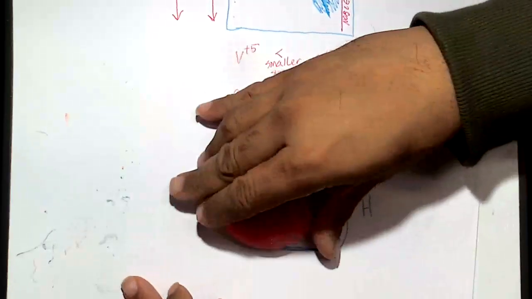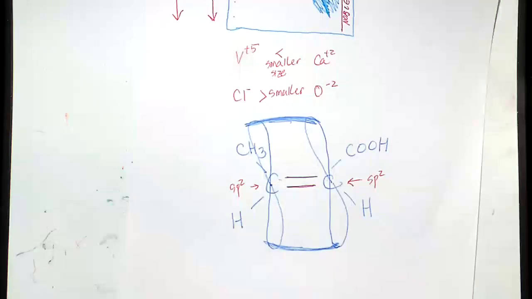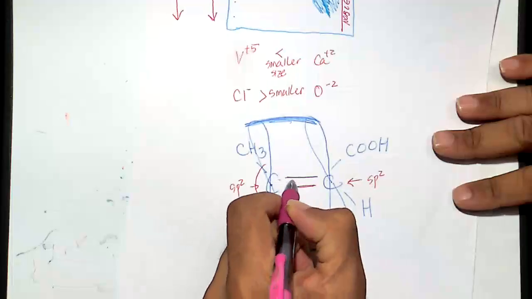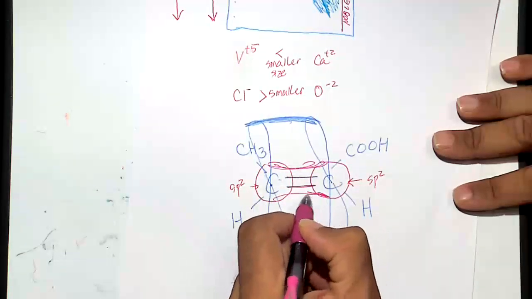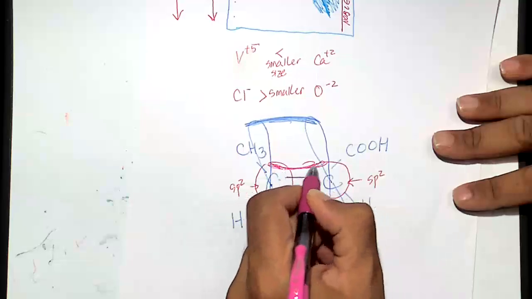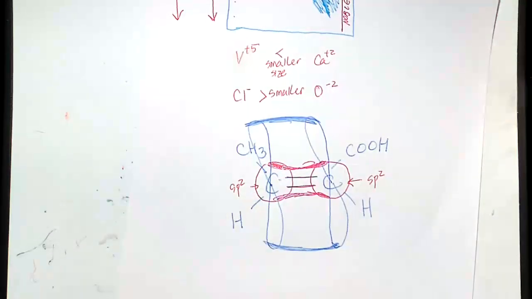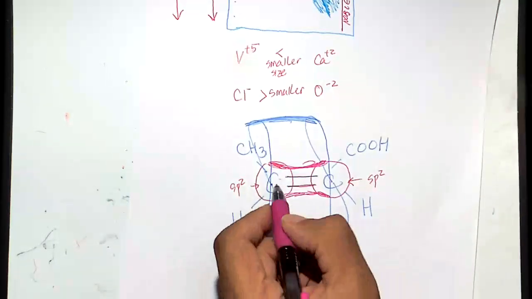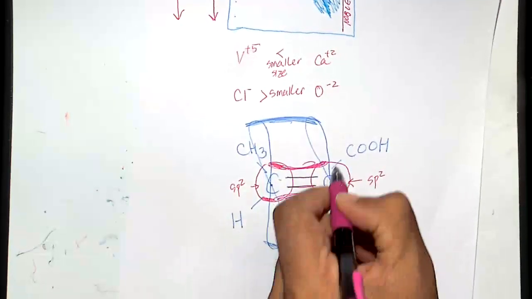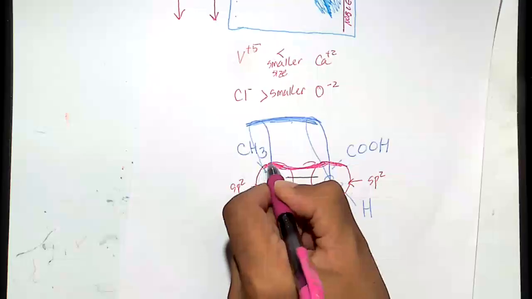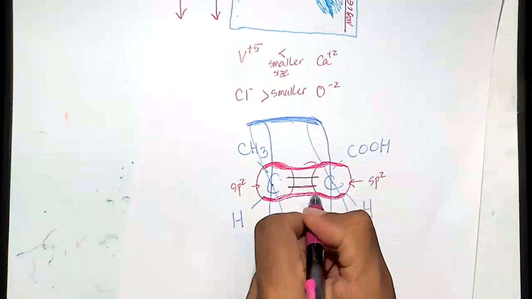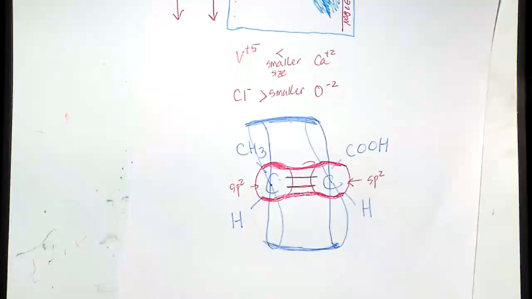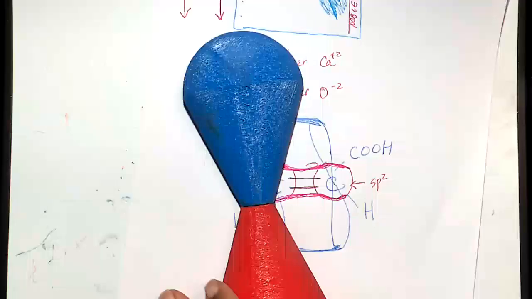And of course, you have the s orbital from this carbon and the s orbital from this carbon. So that is what this would look like. Which is the sigma bond? It's the pink. And which is the pi bond? The p orbital overlap. It's here.